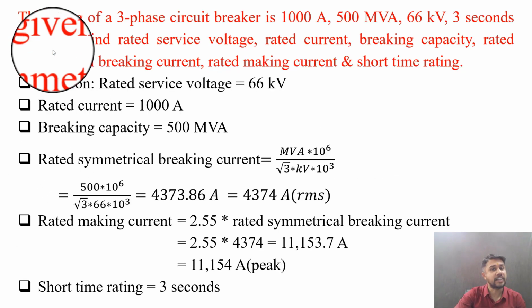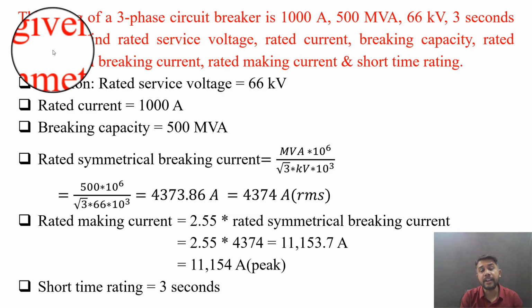The rating of a three-phase circuit breaker is 1000 ampere, 500 MVA, 66 kilovolt, 3 seconds. Now find the rated service voltage, rated current, breaking capacity, rated symmetrical breaking current, rated making current and short time rating.